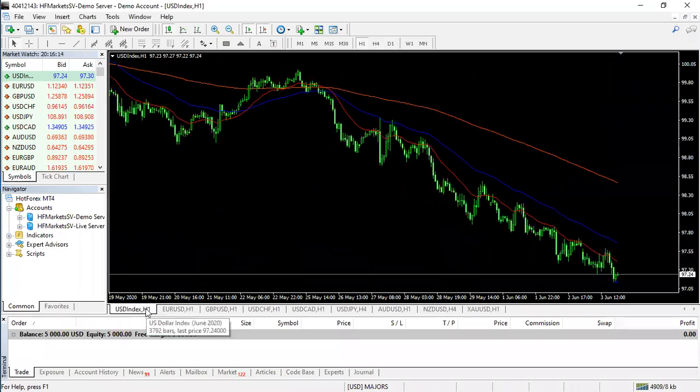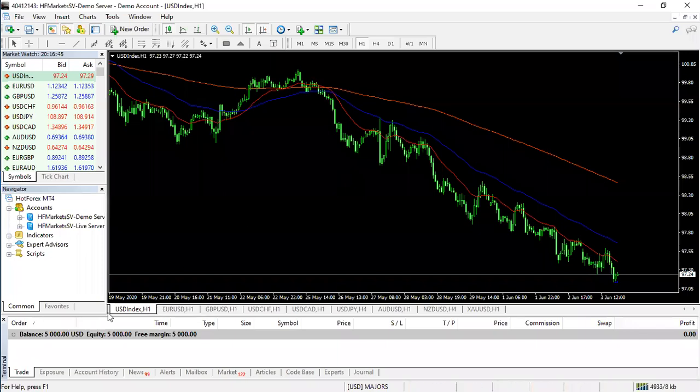Okay. So the USD index shows the overall average for the US dollar. The USD index combines all the USD currencies around the world, then tells us what the average is, what is likely to happen to USD in the next few days, in the next few months.